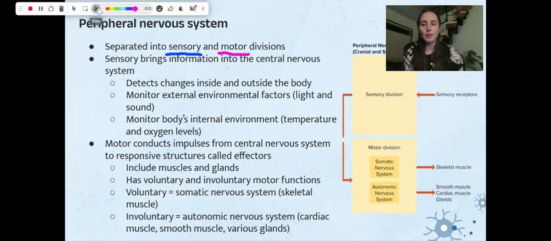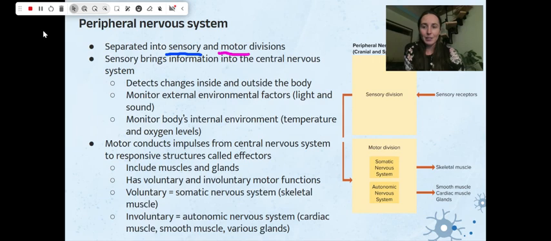If we say the word senses or sensory, we're talking about information in the outside world or even our internal world. The sensory division is going to bring information into the central nervous system. So this is going to be changes that are inside and outside the body.